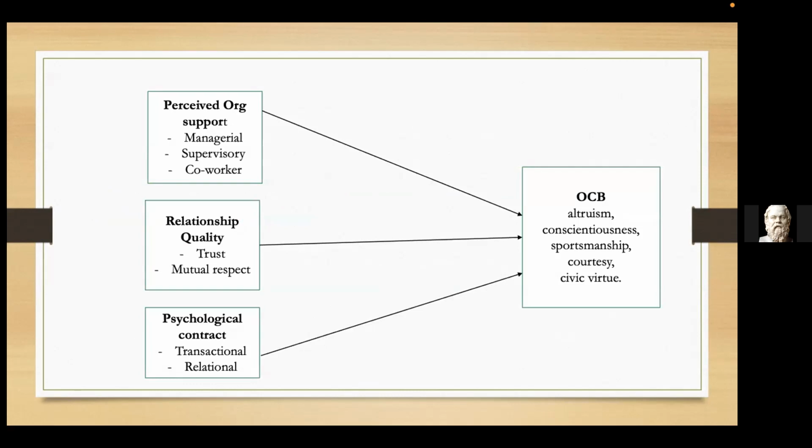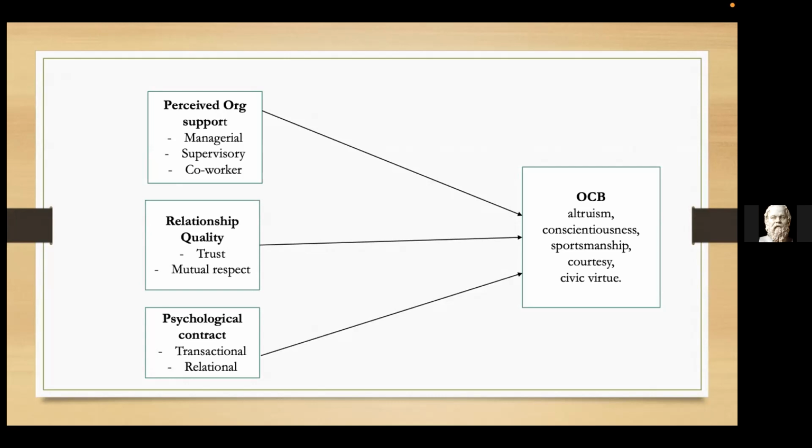Now, when you read the different researches on social exchange, one perspective talks about perceived organization support. Another perspective talks about leader-member exchange. Then the other talks about psychological contract.